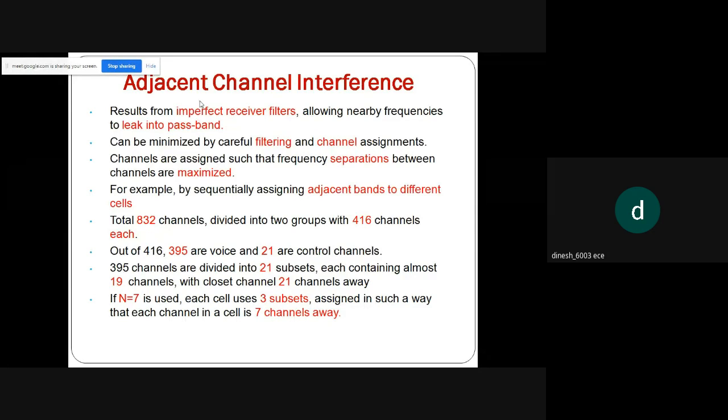So if N is used as the reuse factor, each cell will use 3 subsets, because 21 by 7 is 3. So it is assigned in such a way that each cell is 7 channels away.